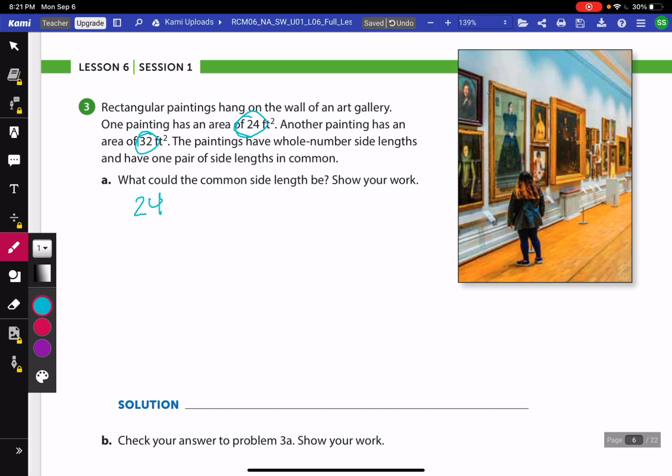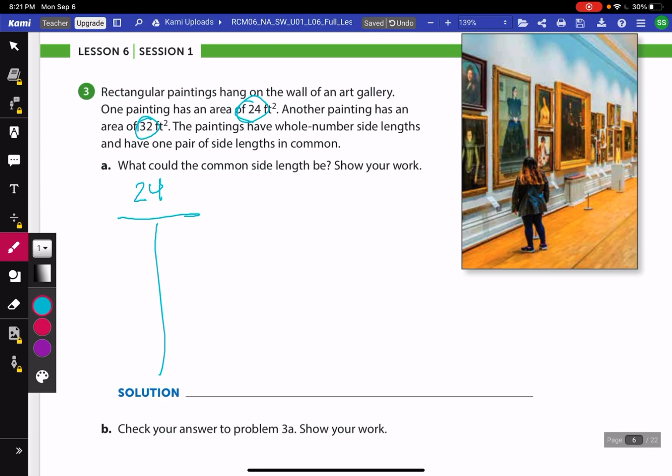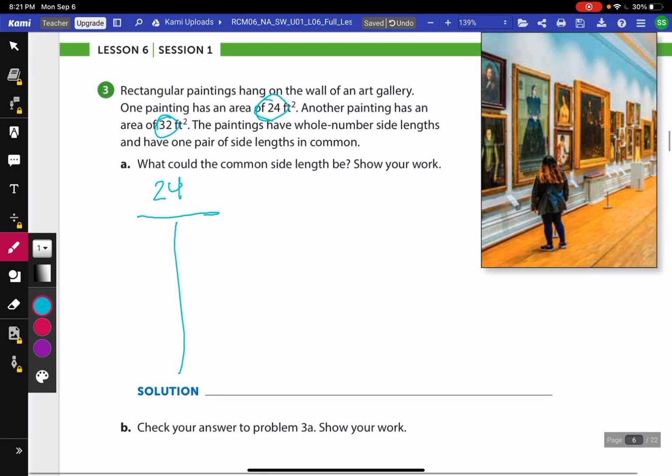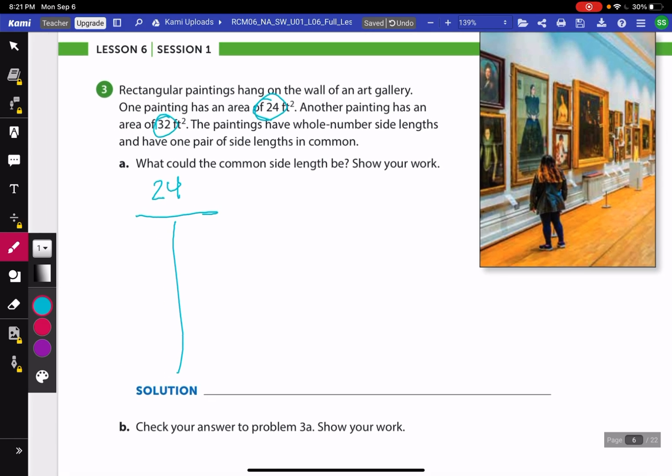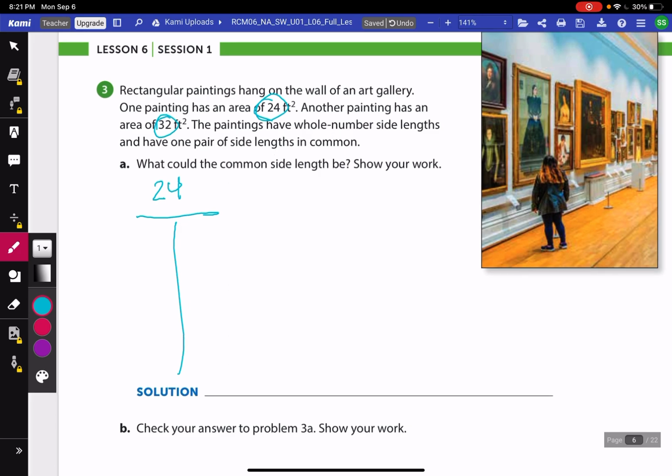So how can we make 24? Well, I know 1 and 24. What else? We have 2 and 12.